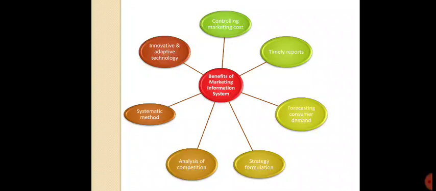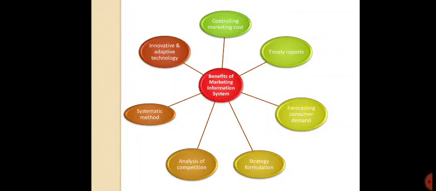Modern business is a many-sided game in which rivals and opponents continuously try to formulate strategies to gain advantage over one another, and MIS is very helpful in analyzing the competitive situation and the policies of competitors, etc., for making different decisions. And the next is systematic method.